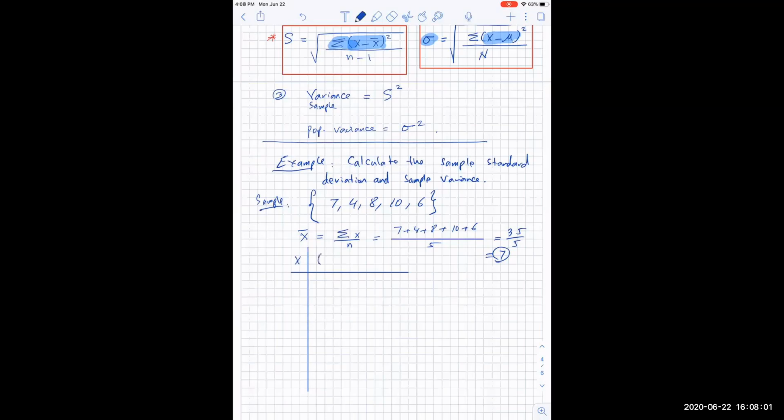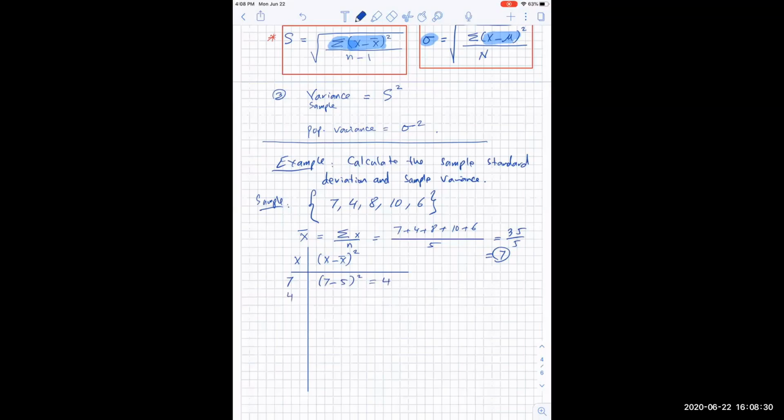X, and then X minus X bar squared. Okay, X minus X bar squared. I'm going to take each X value, subtract the mean, and square the difference. So 7 minus 5 squared is 4.